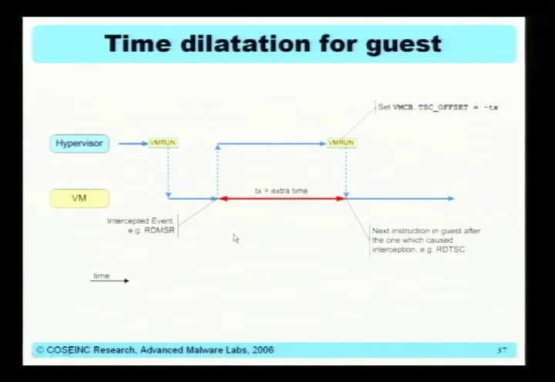If the guest called the read TSC instruction, which is used for reading the timestamp counter, remembered the result, and then called it again here, it will not notice this extra time, right? Just because we subtract the time which we added.